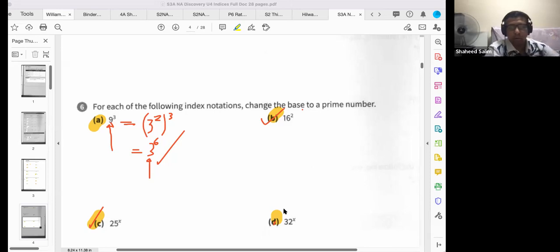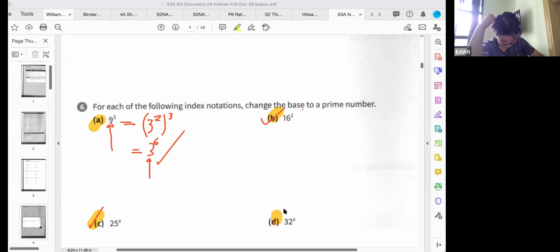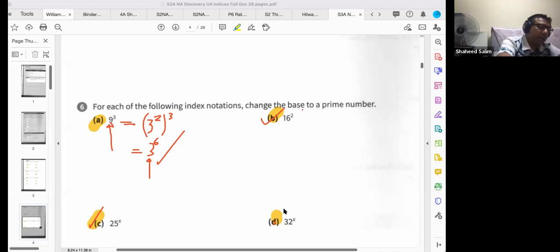6B. What's your prime number for 16? 2. Good, good, good.